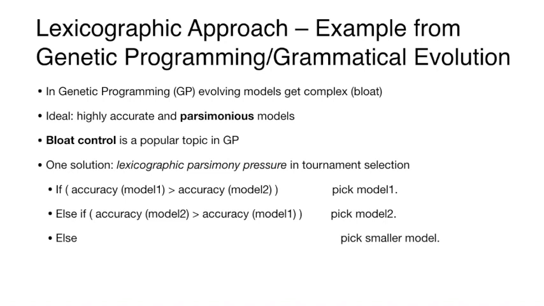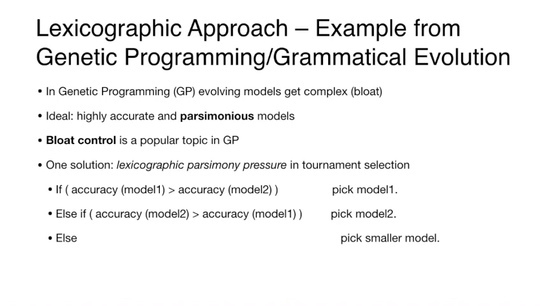Therefore, when comparing two models in genetic programming, first we compare the predictive accuracy of the two models, and if there's a difference in accuracies, we select the more accurate model. However, if the accuracy is the same or not significantly different, then we move on to the secondary objective and pick the simpler model, or the model with a smaller sized expression.